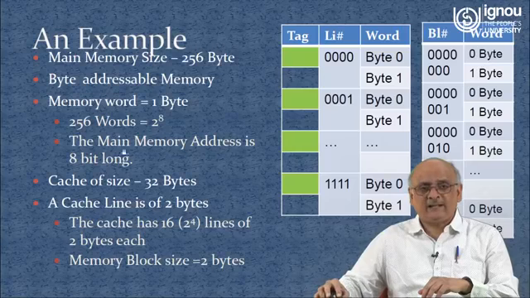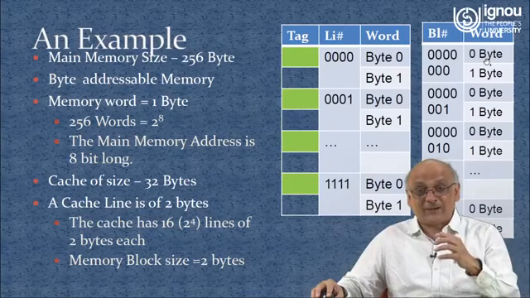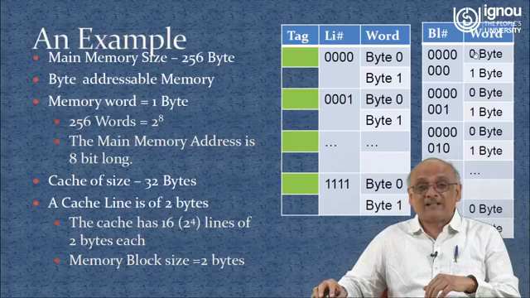Now please note, the memory address is 8 bits long, the cache is of size 32 bytes, and a cache line is of 2 bytes. So a memory block will be of 2 words, and since a word is a byte, please understand what I am saying. This is a memory block.